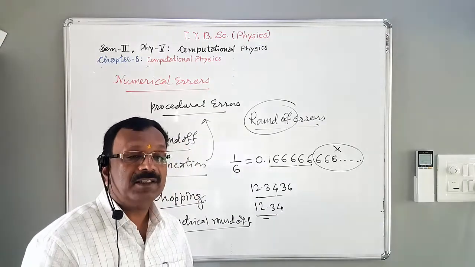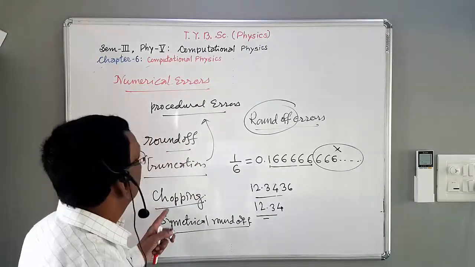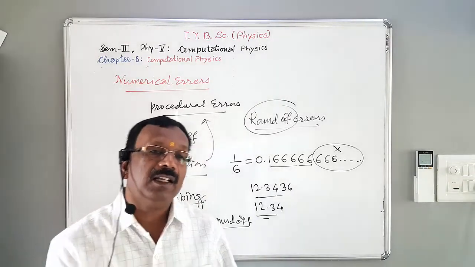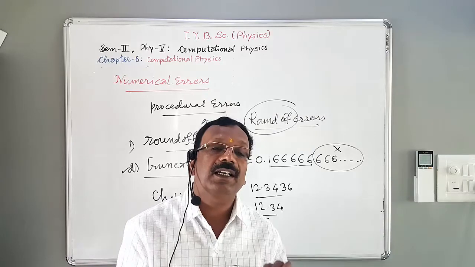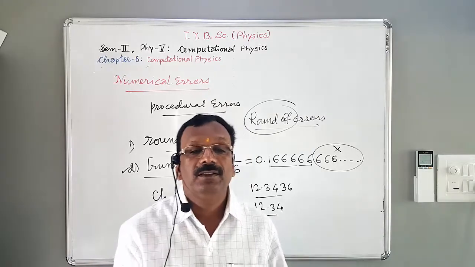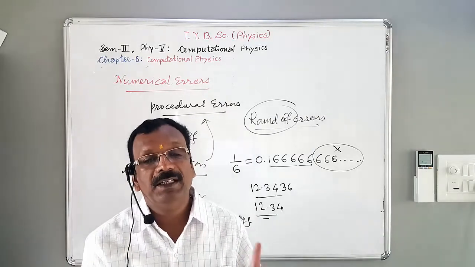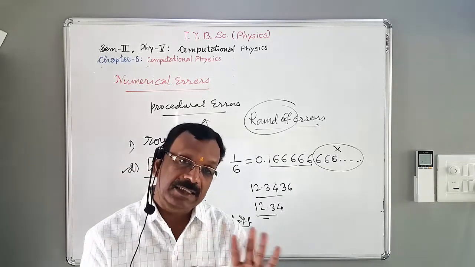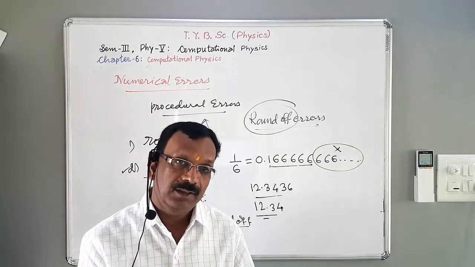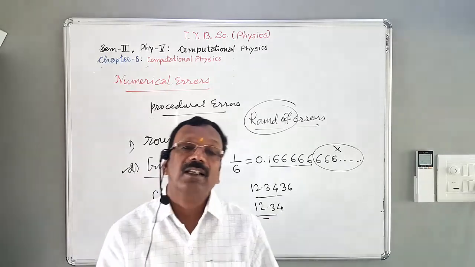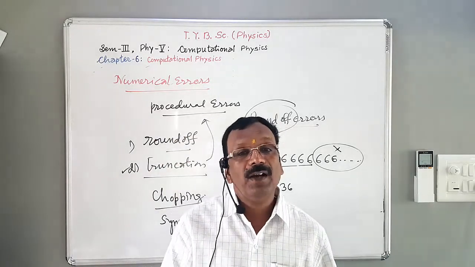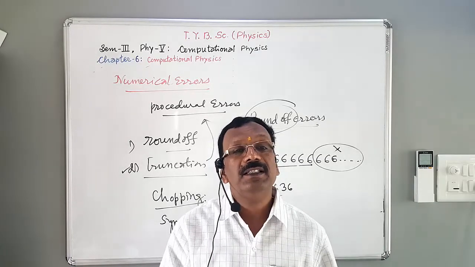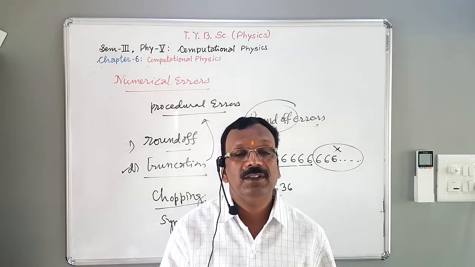And last but not least, truncation error. Truncation errors are generated when the required significant digits are considered and the remaining digits are discarded. What I say? Truncation errors are generated when the required significant digits are considered and the remaining digits are discarded.